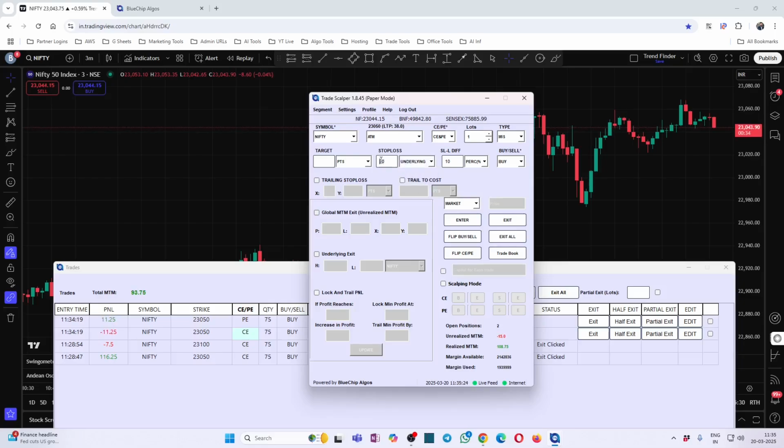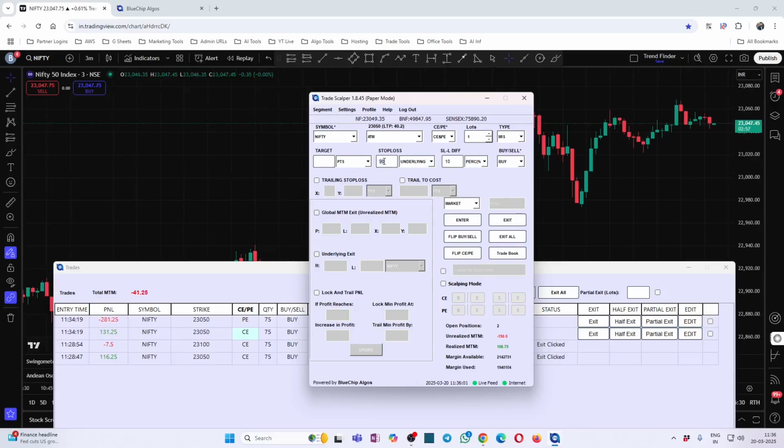Underlying also. This is actually a very important feature, because so many people who trade in options do the analysis in the underlying. The target is in underlying, the stop loss is in underlying. So you can define your support and resistance, or target and stop losses, as per underlying as well. Let's say you are trading in Nifty, which is trading at 23,000.